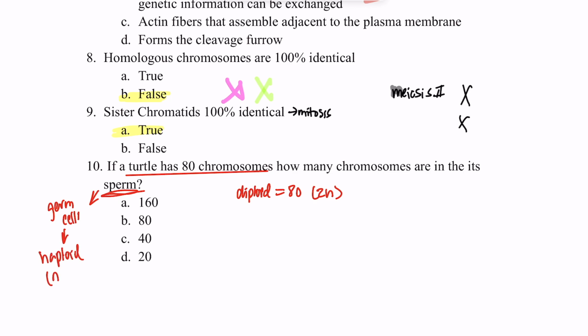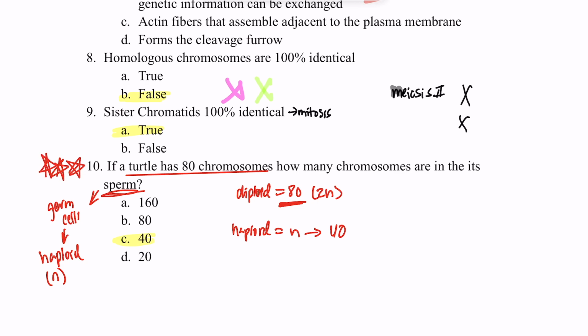So if it's diploid 80, and we're talking about sperm cells, what is our haploid of 80? Haploid again is N, so it should be pretty obvious, it should be 40. So the correct answer is in fact C. I can totally see this type of question being highly testable.